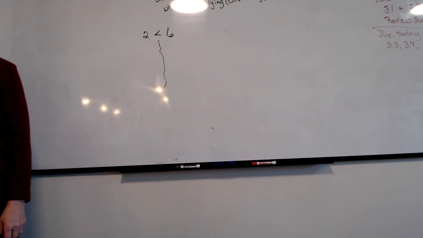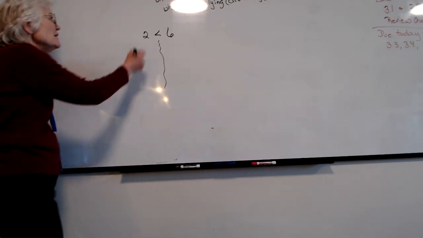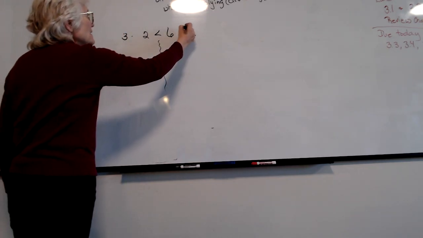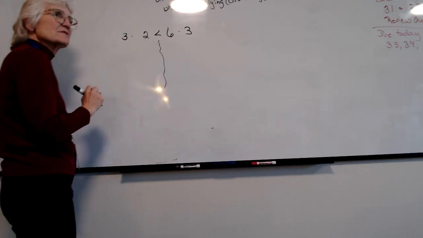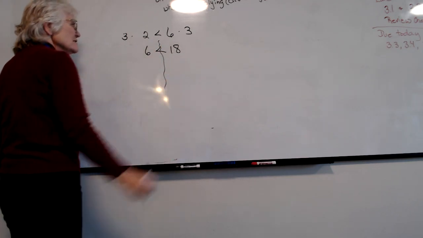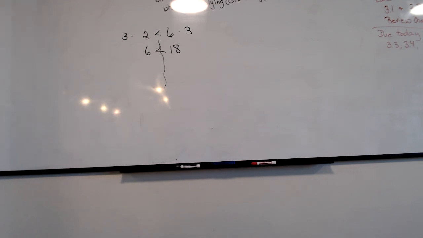Let's see if the inequality is the same. If I multiply this by 3, and this by 3, doing the same thing on both sides, I get 6 is less than 18. Is that still true? Yeah. So that is still an equivalent expression.